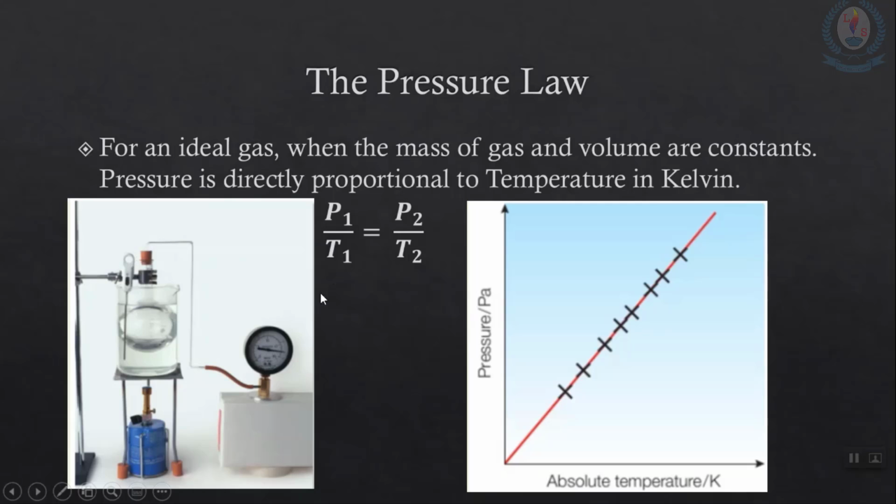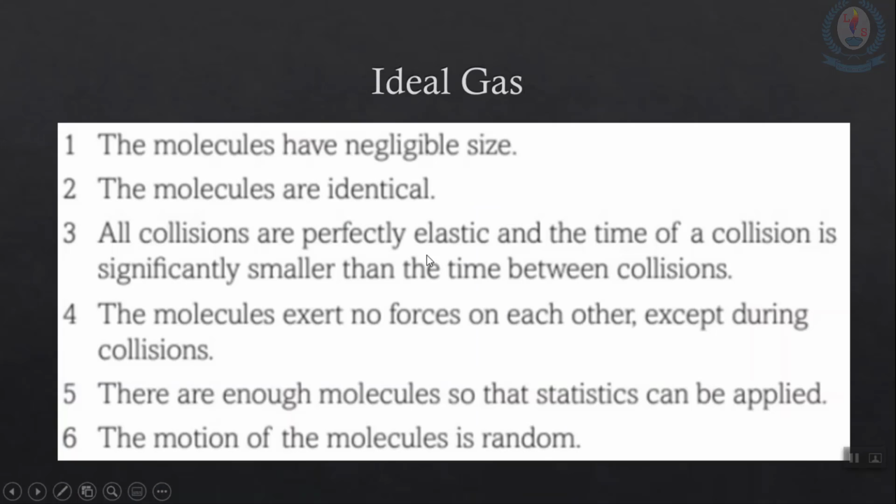So we can see that when absolute temperature increases, pressure also increases linearly. It is a graph passing through the origin. So definitely what can we say? Pressure is directly proportional to absolute temperature. So we have an equation P1 over T1 equals P2 over T2.